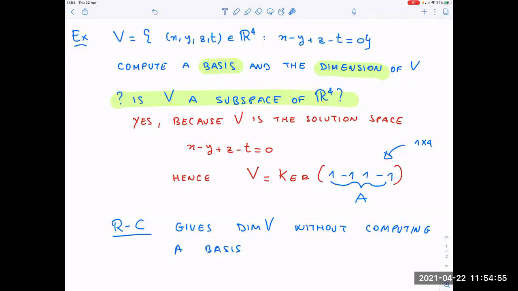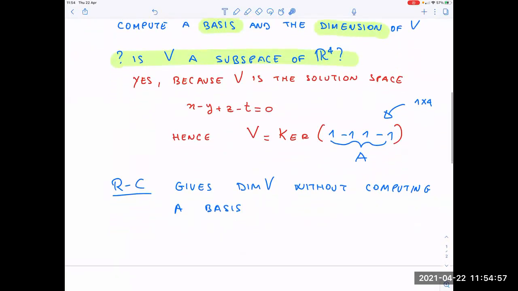So the dimension of V is just the number of unknowns minus the rank of the matrix of coefficients, which in our case is 4.